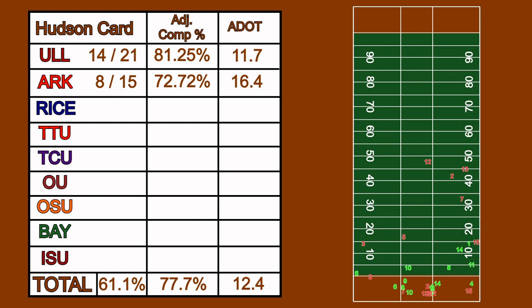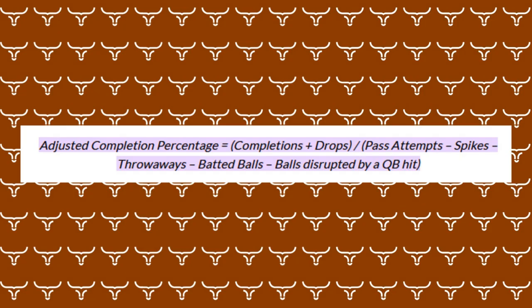You're counting a drop pass as a completion. You're discarding balls that were tipped at the line of scrimmage or deflected or throwaways. Those passes essentially don't exist.